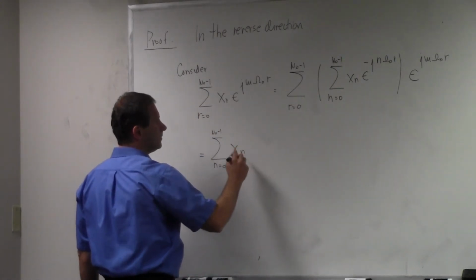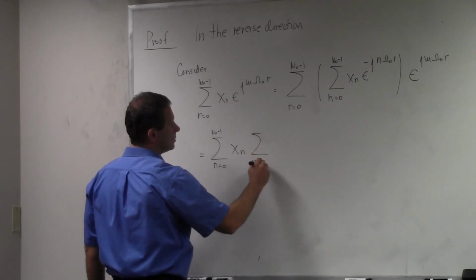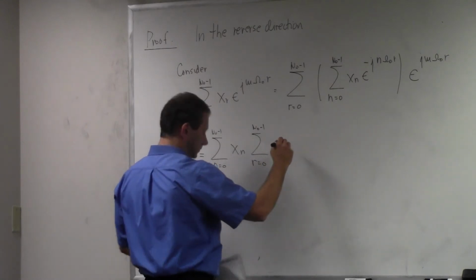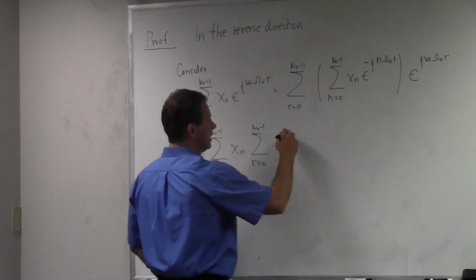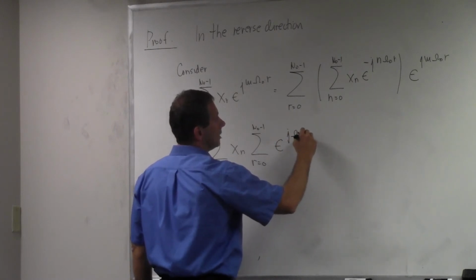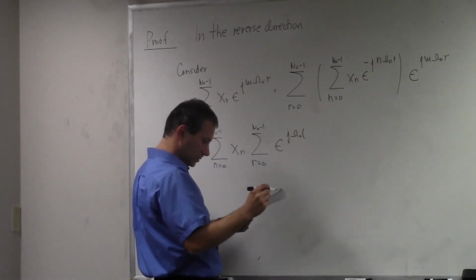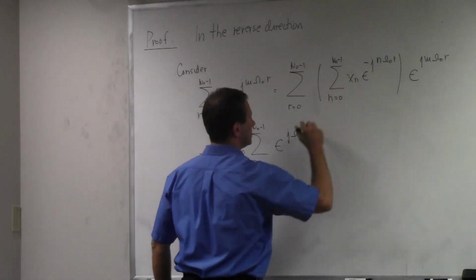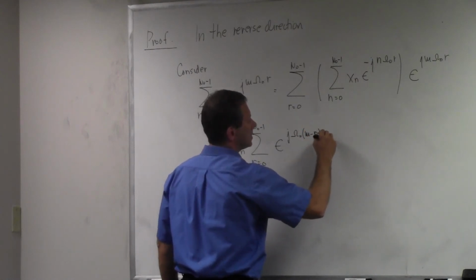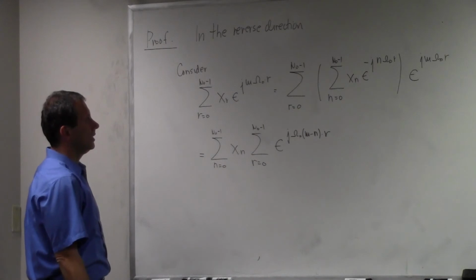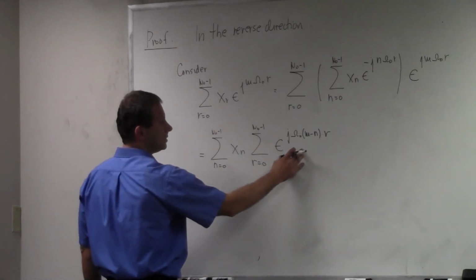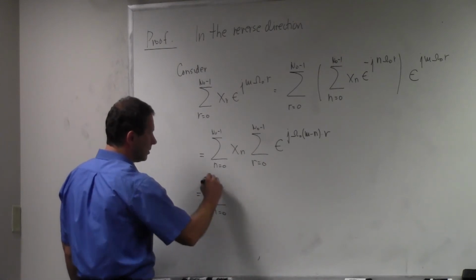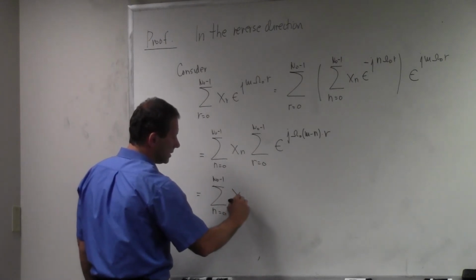Then I have the sum when r goes from 0 to n0 minus 1 of e to the j omega 0 (m minus n) times r. And now we know how to sum this. This is a simple geometric series.